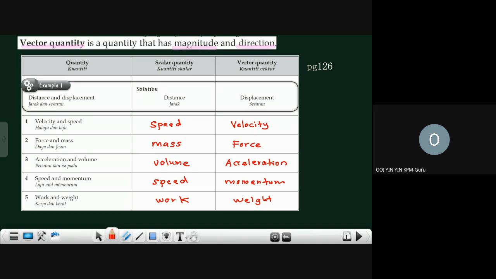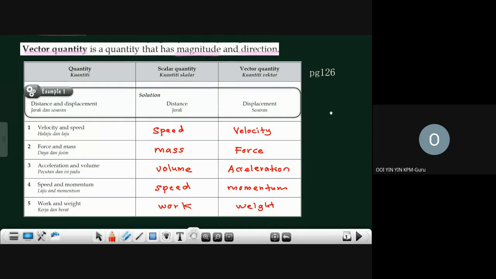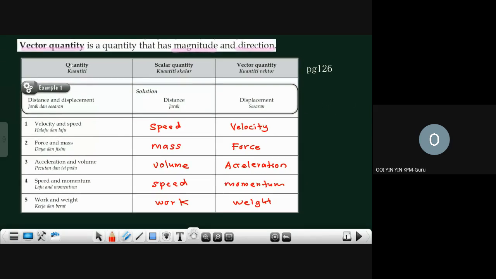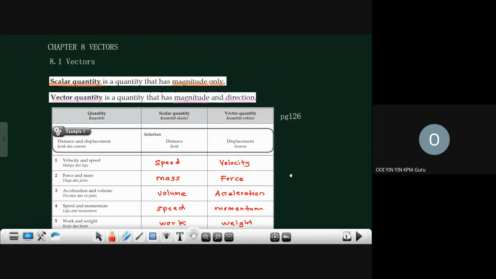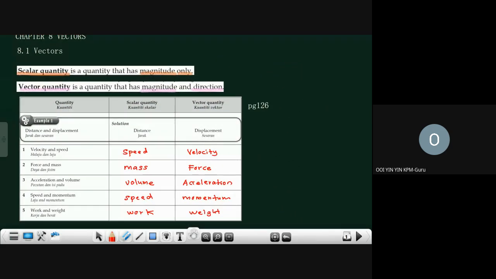Basically, your quantities here, we can categorize into a scalar quantity which only has magnitude, and also a vector quantity which has magnitude and direction. So these are a few examples of it. More examples you already learned in your physics. So we need not go into so much detail about which quantity is scalar and which is vector.